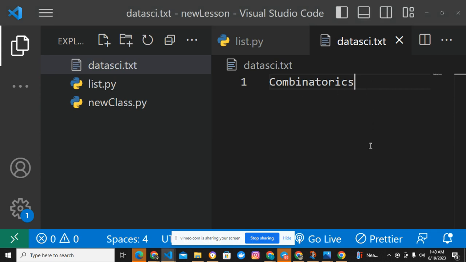For beginners like us, we will refer to combinatorics as something that deals with the combination of objects from a specific finite set.